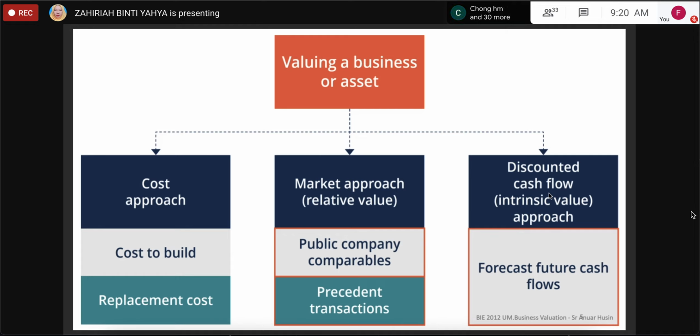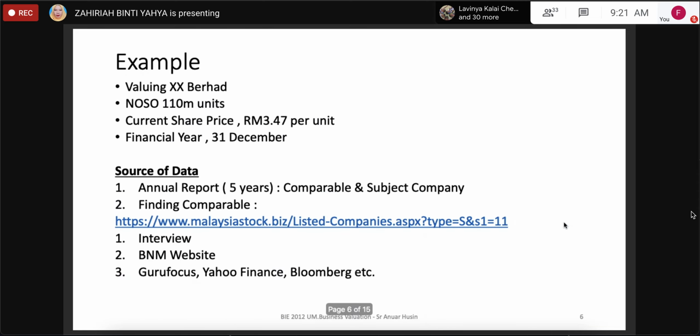DCF will take into consideration the growth in income. But for the traditional investment method, we did not take into consideration the income growth. Okay. So let's see the calculation.